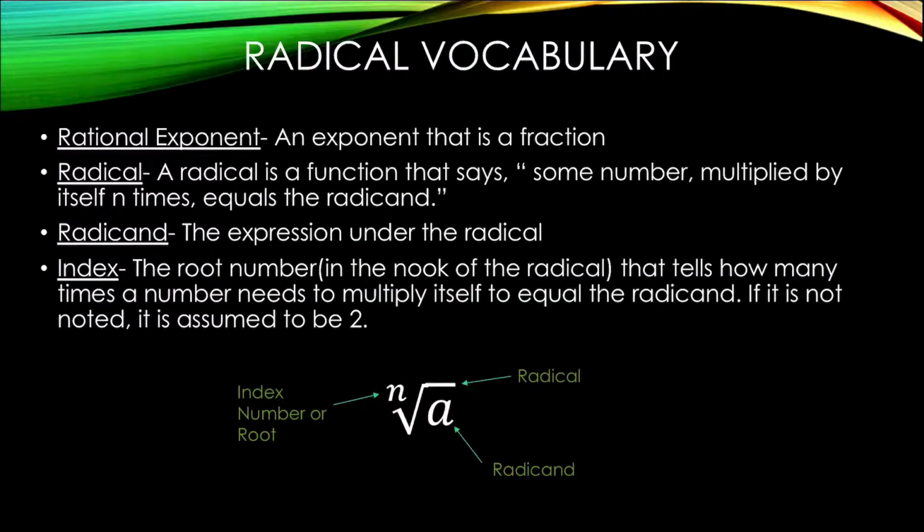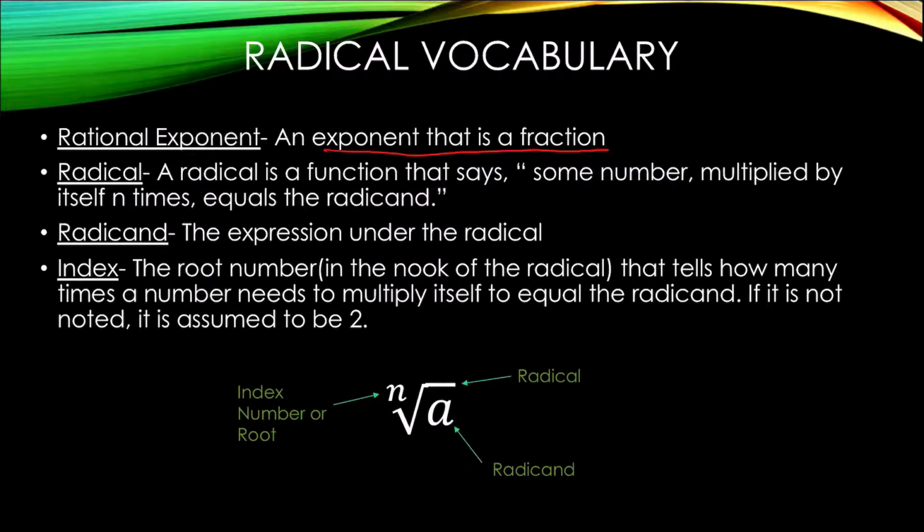Okay, so some radical vocabulary. A rational exponent is just an exponent that is a fraction. So we're going to start writing radicals in exponent form. A radical is just a function that says some number multiplied by itself n times equals the radicand.